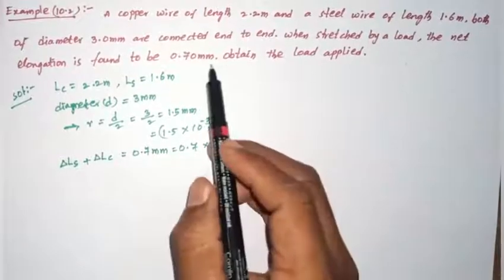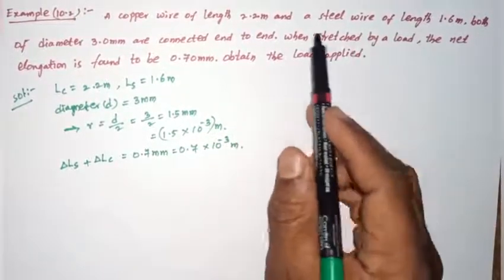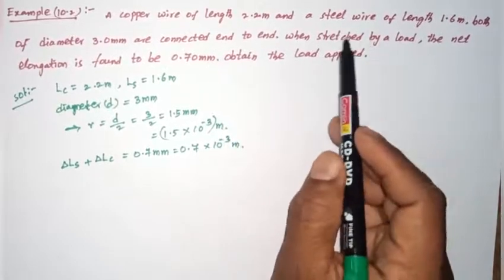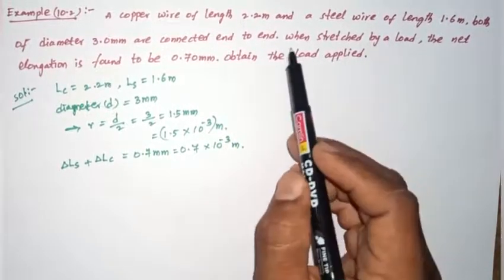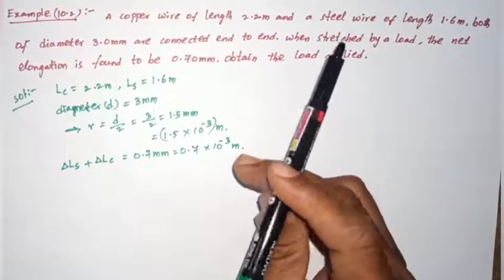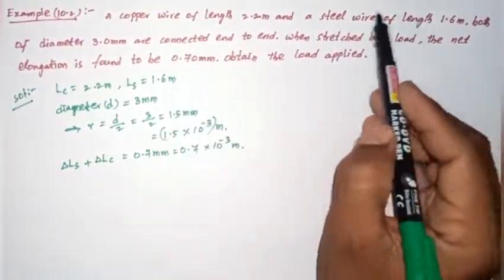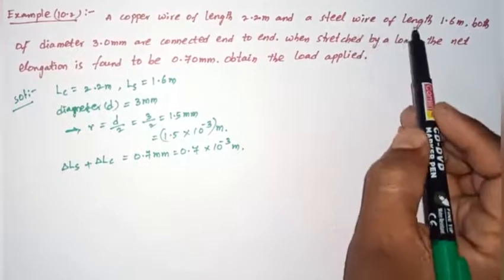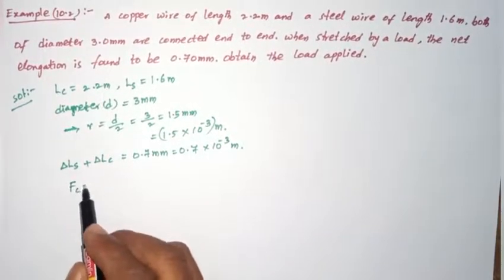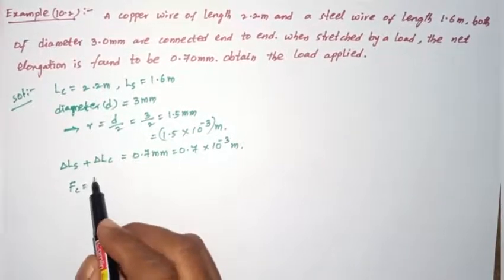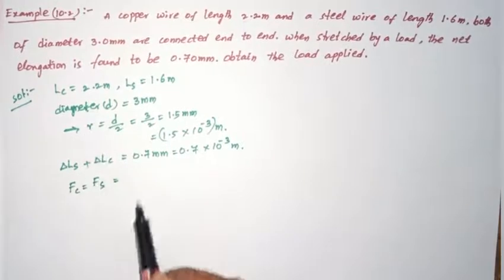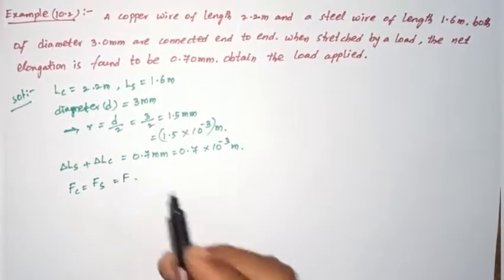Obtain the load applied. Since they are connected in series end to end, the load on the copper wire and the load on the steel wire are equal. So the force on copper wire equals the force on steel wire.